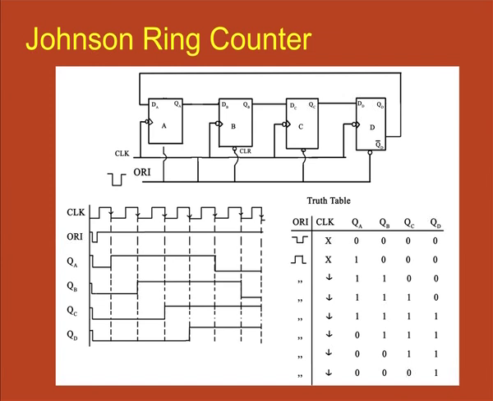On top of that, the complementary output of the last flip flop is connected to the input of the first flip flop. Here we also have shown the timing diagram for the Johnson ring counter.